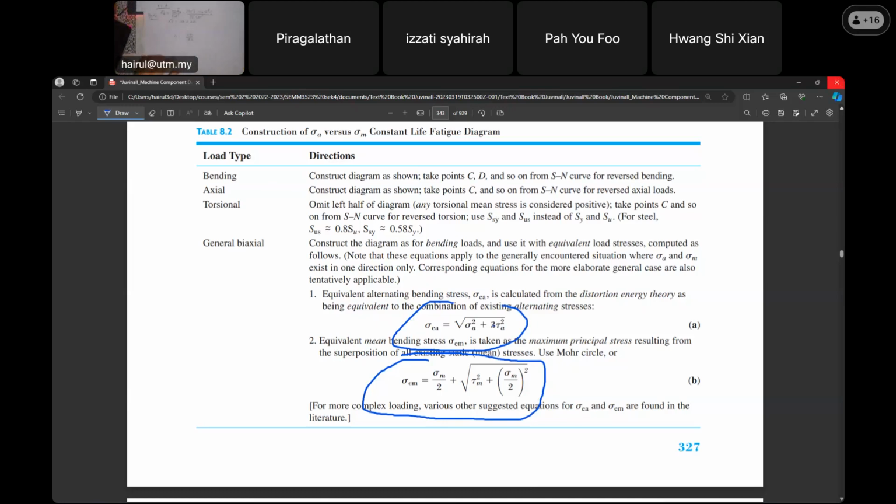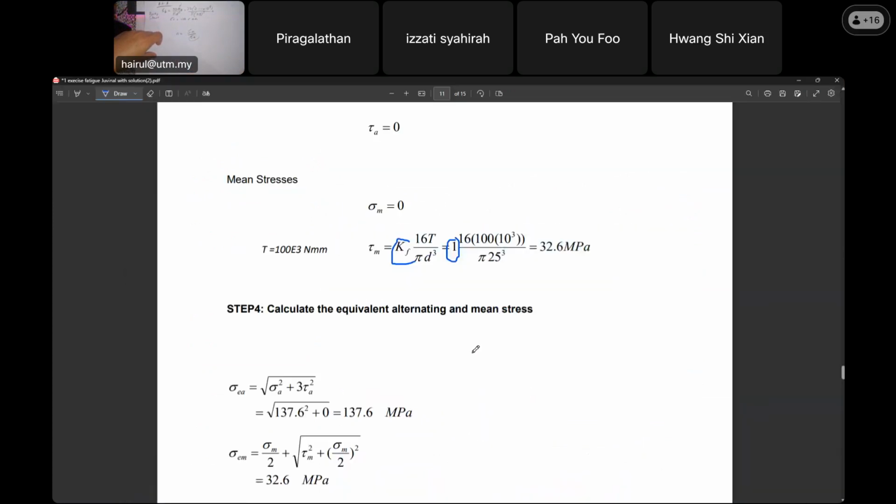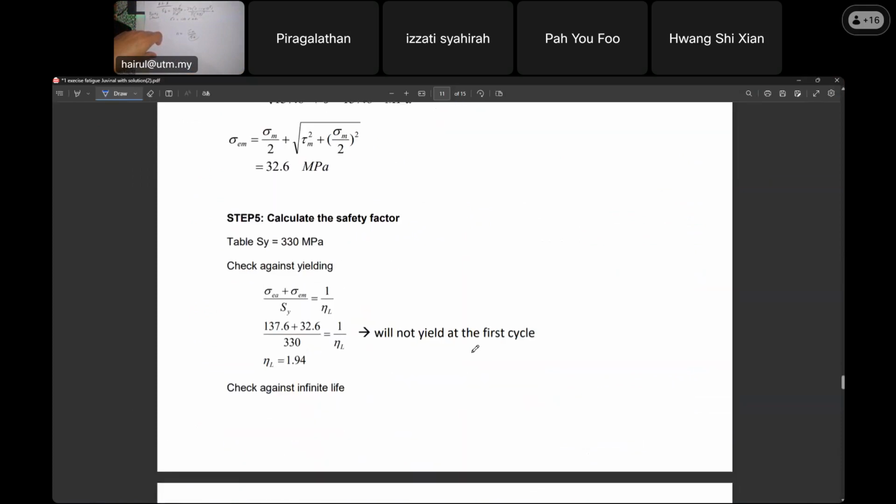So how do we put them here? The equation is like this. For the safety factor, there is a theory, and it has its own equation. If you look at the solution, it is already shown to you. Can you see the solution, class?